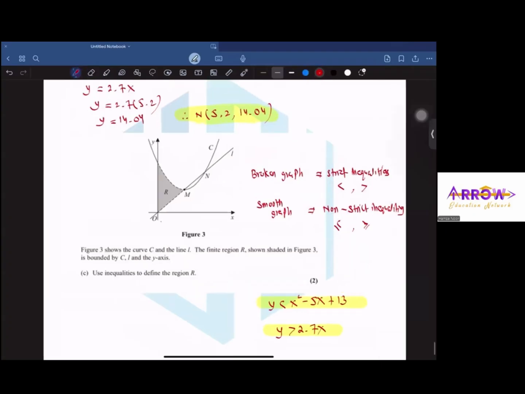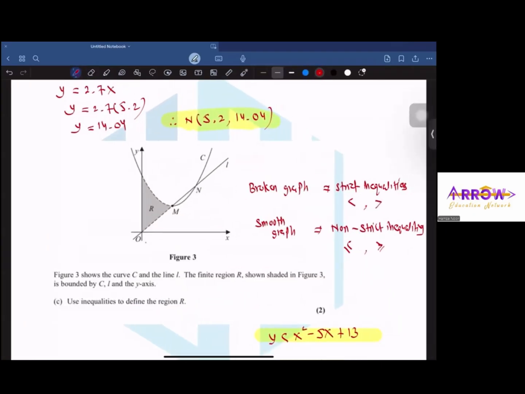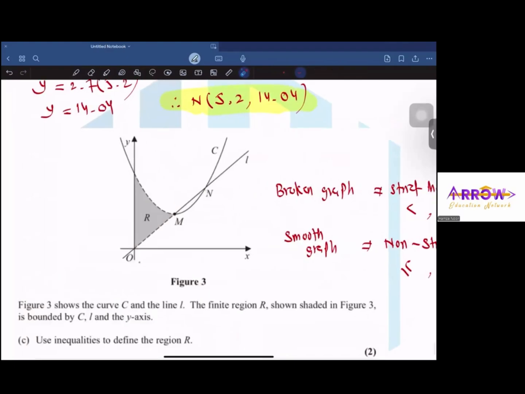As we can see, this is restricted with the x coordinate of M. If I make a vertical line over here, x equals 2.5, then this region R is basically restricted up till the x coordinate of point M.